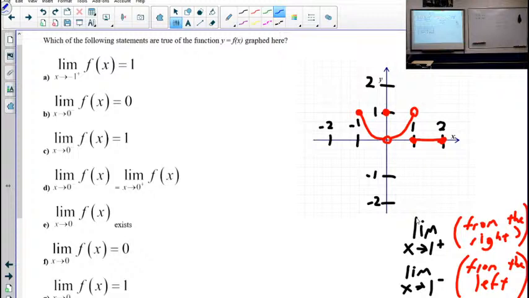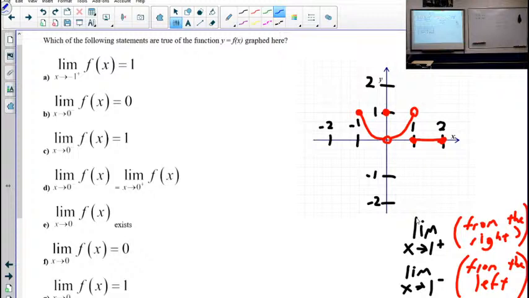So part A. Limit as x approaches -1 from the right.